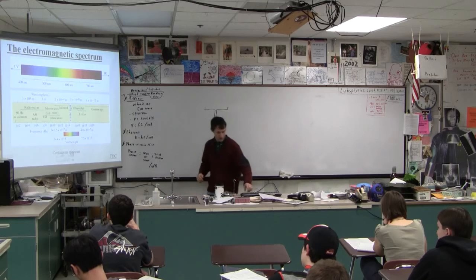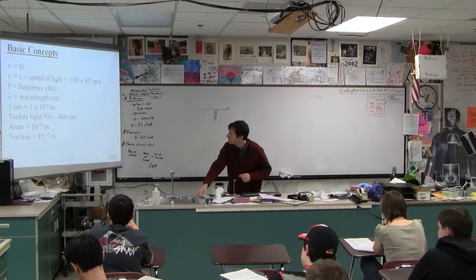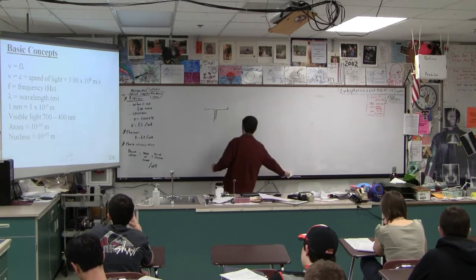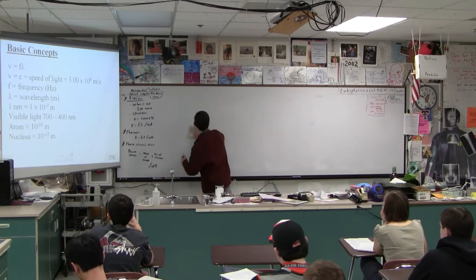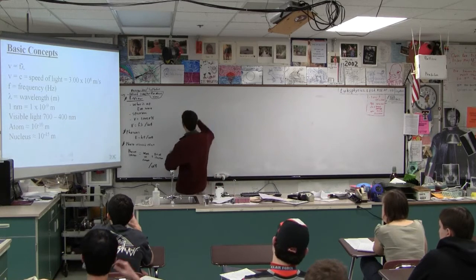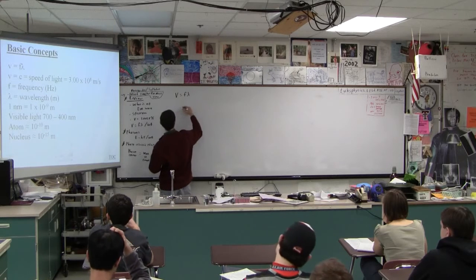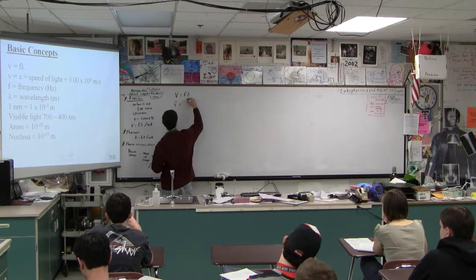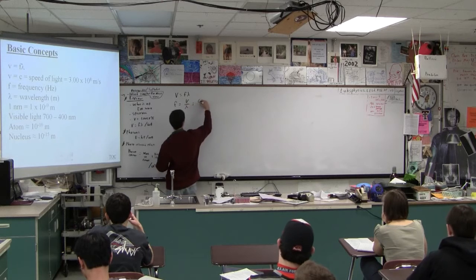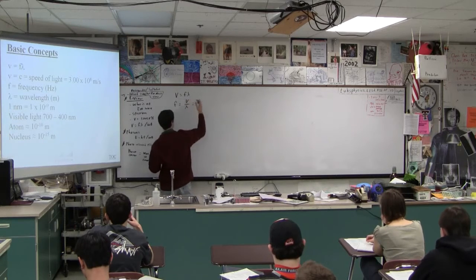Okay, so now we need some of these. We've got v = fλ. So really what this means is that frequency is v over λ, and for all these, it's c over λ.